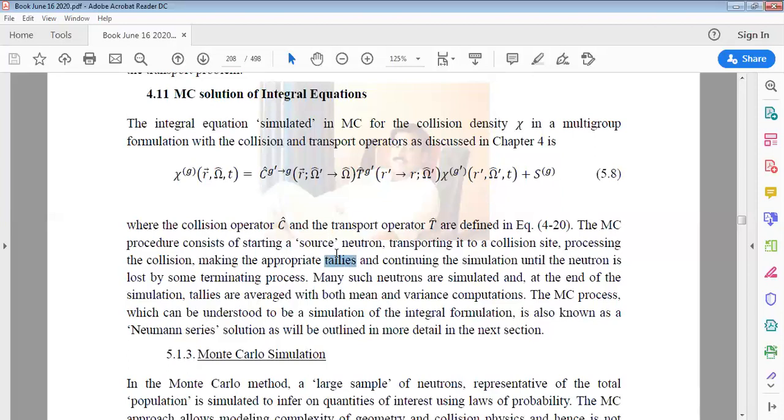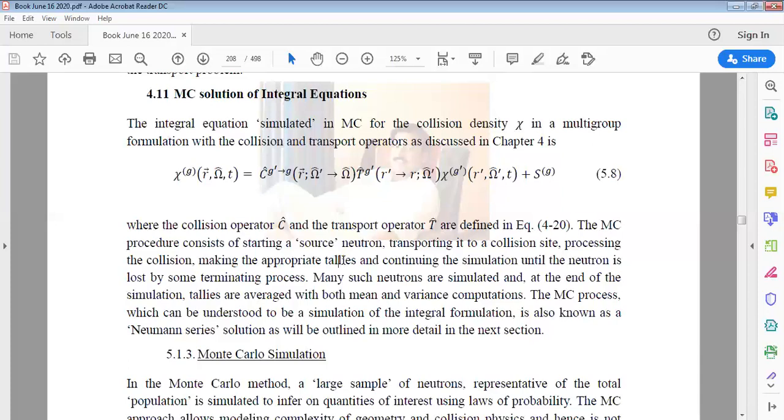Everything in a Monte Carlo simulation depends on a tally. The tally is the thing that you're trying to score in a bank. You accumulate your score, and when you've completed your simulation, you obtain the arithmetic average, and the law of large numbers tells us that the answer you get will represent the population.